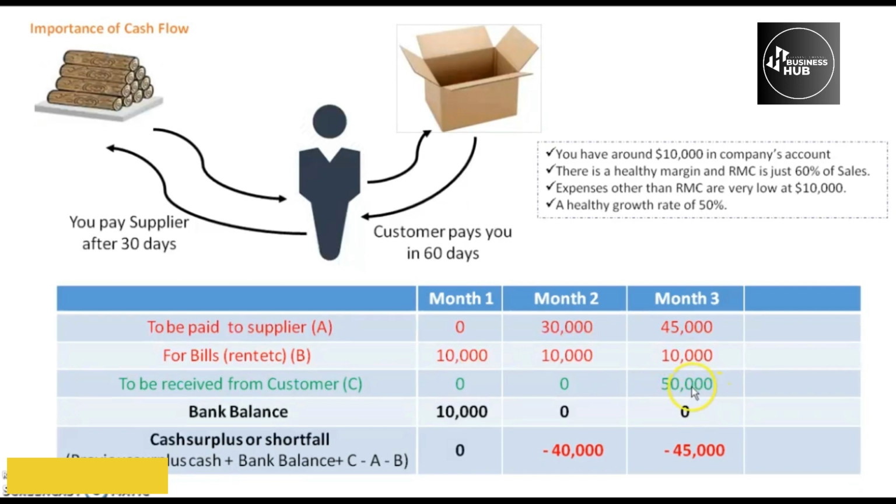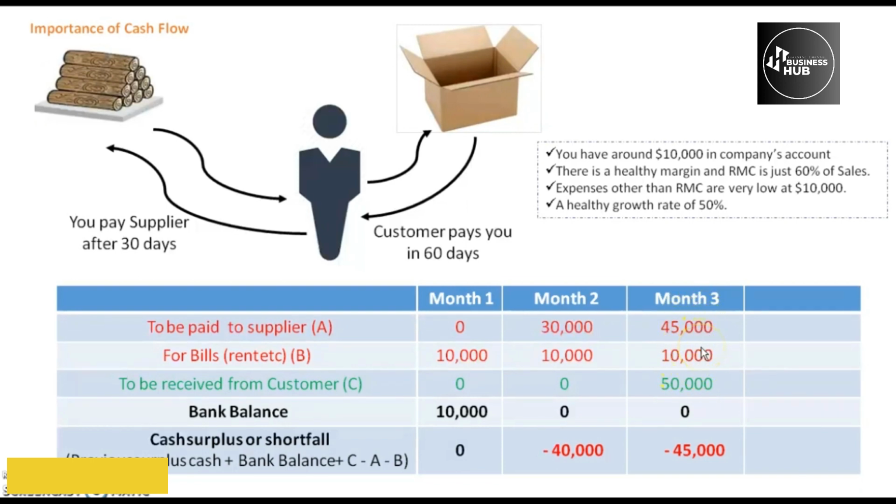Now you're finally happy, but you still have a minus $40,000 hole in your kitty. How come? You have a positive 50,000 that you receive from your customer, and you are supposed to pay $55,000.